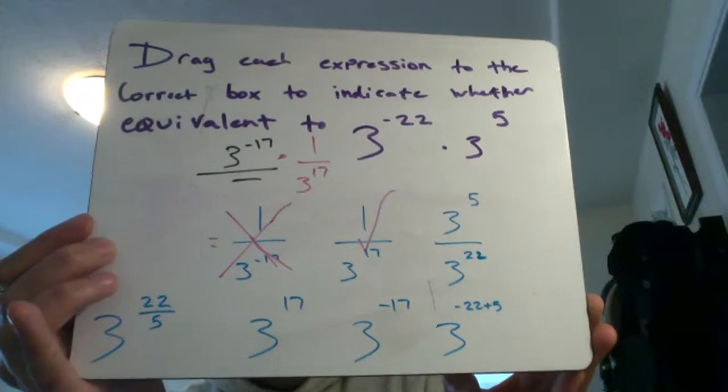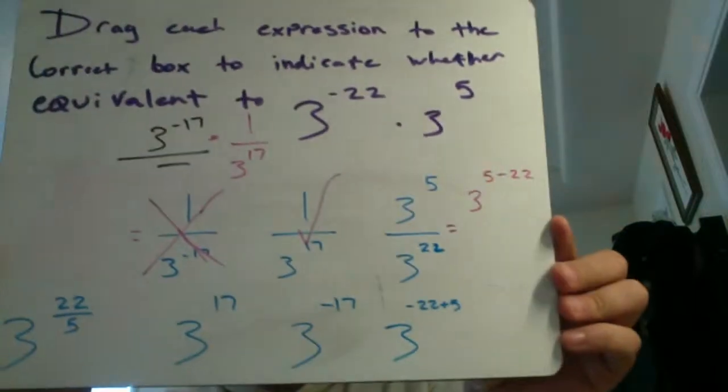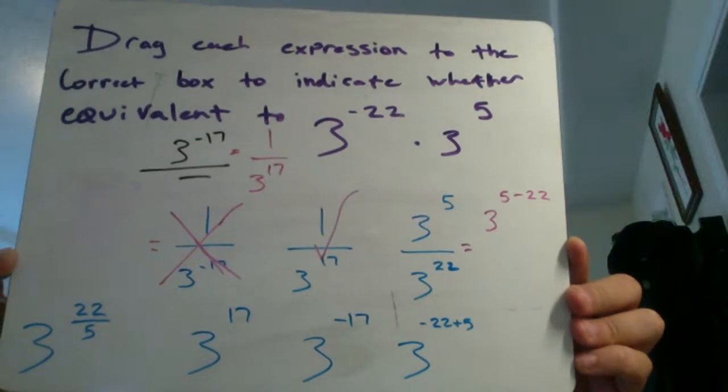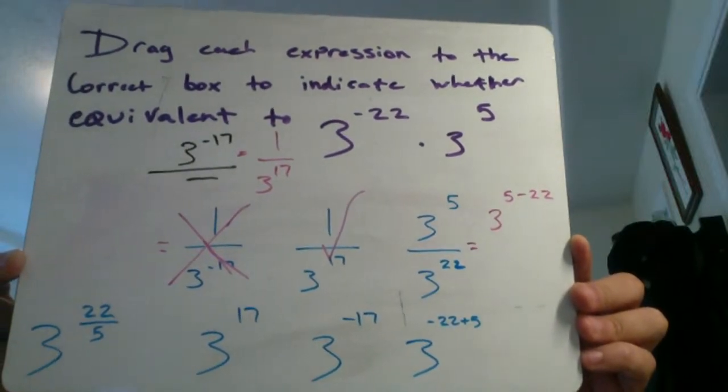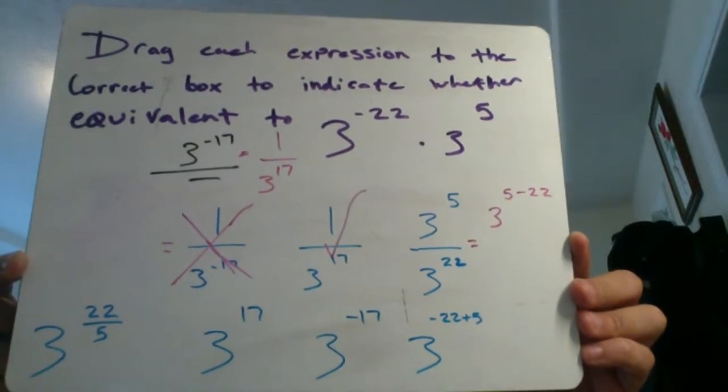Well, I'm just going to use the quotient rule. What's 3 to the 5th over 3 to the 22nd? 5 minus 22, sorry, is negative 17.